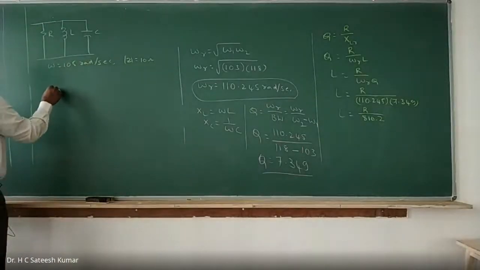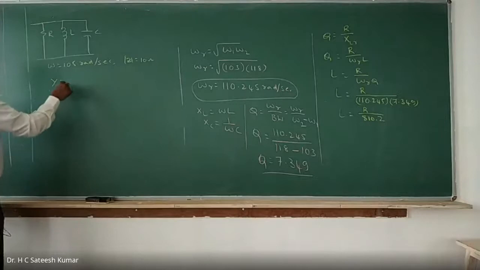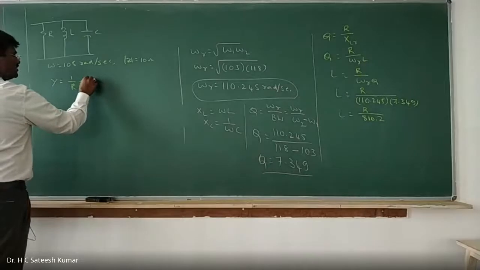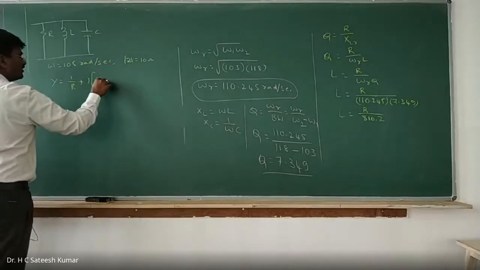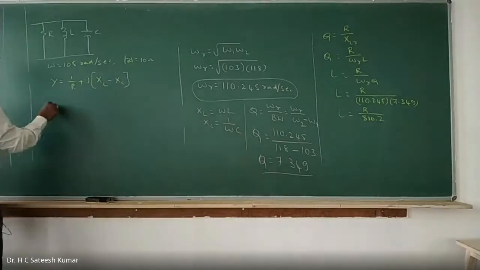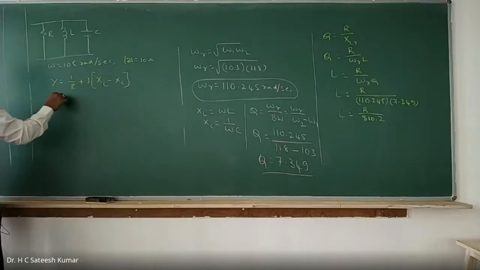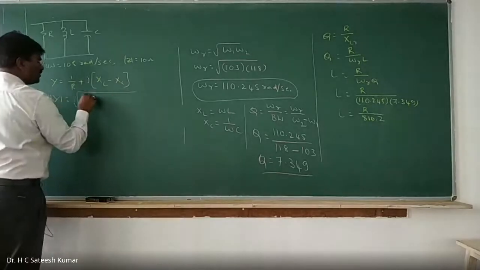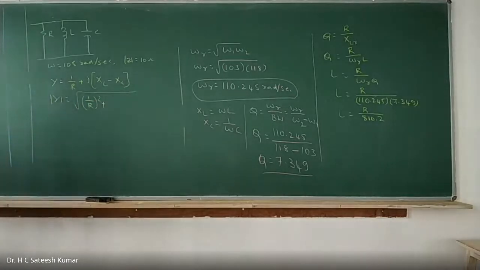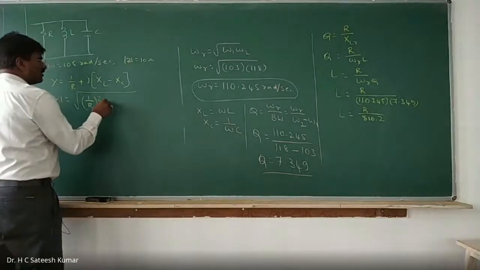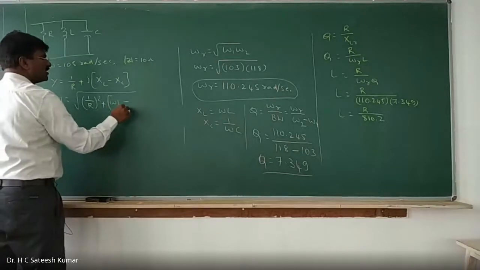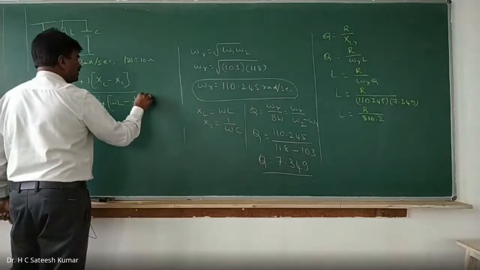So we all know that Y is equal to 1 by R plus j into (XL minus XC), which is nothing but the magnitude of Y is equal to square root of (1 by R) whole square plus (omega into L minus 1 by omega into C) whole square.